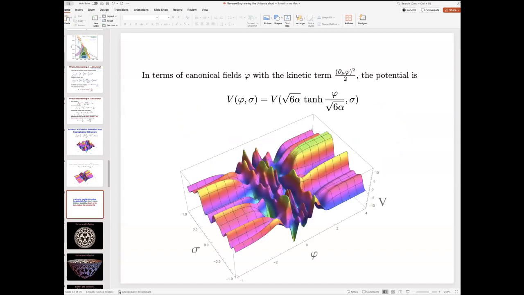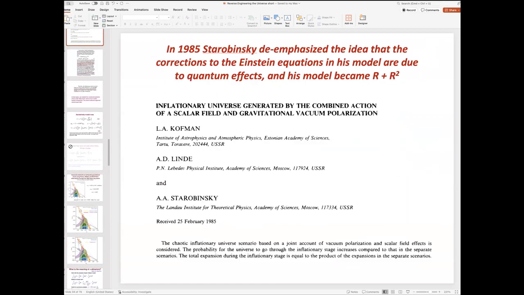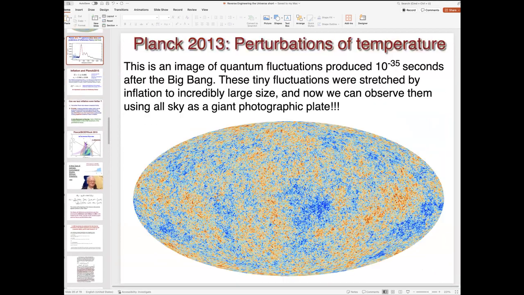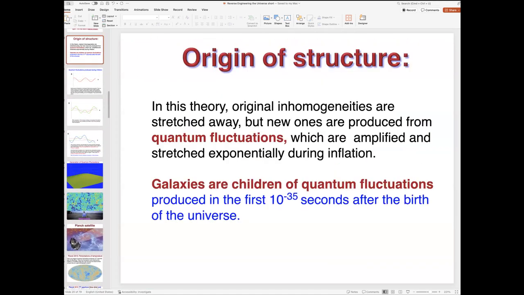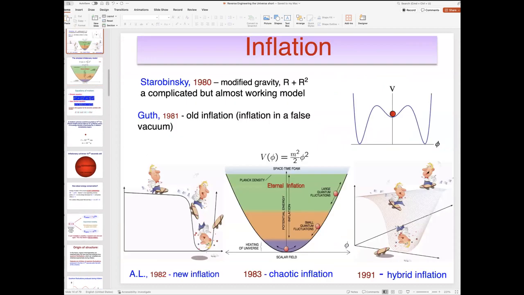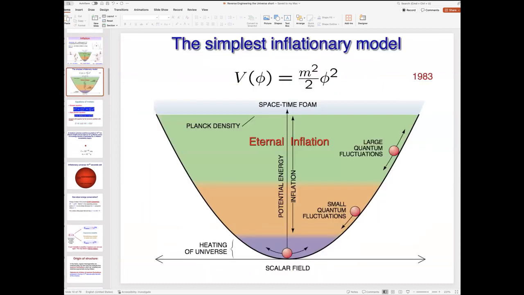However, if you look at the original picture which I've shown, this picture by itself shows you when different things happen. When you are close to Planckian density, but still many orders of magnitude below it, this is the area where quantum fluctuations are so large that they can bring you upstairs.